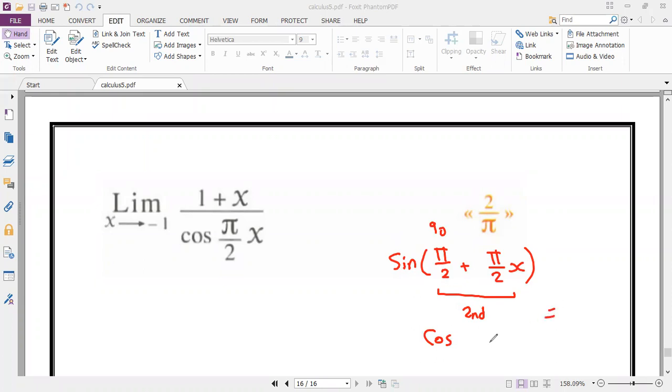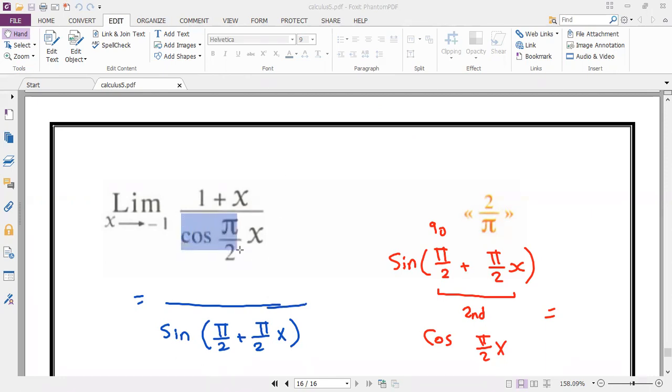So that is going to be cosine of pi over 2 x. So I'm going to replace cosine of pi over 2 x with sine of pi over 2 plus pi over 2 x here. They are the same.